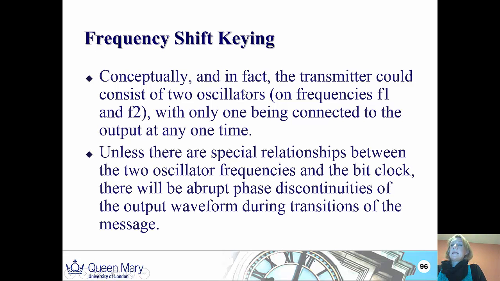Conceptually, and in fact as well, the transmitter could consist of two oscillators on frequencies F1 and F2, with only one being connected to the output at any one time. So we can have two transmitting frequencies and only one is connected at any one time in order to convey that information.